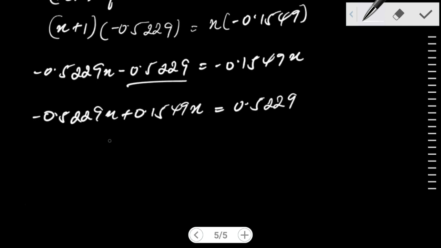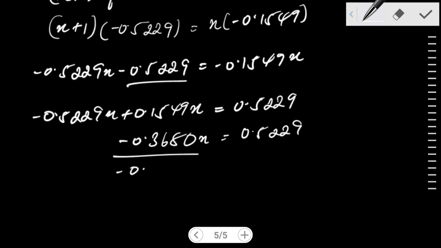So by working all this, this would be negative 0.3680 x would be equals to 0.5229. So divide by negative 0.3680 by negative 0.3680.